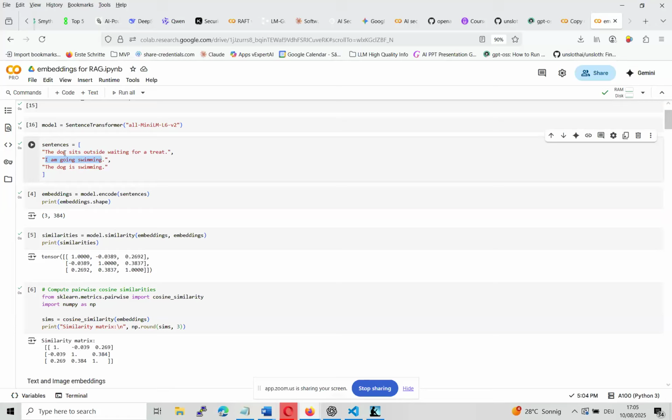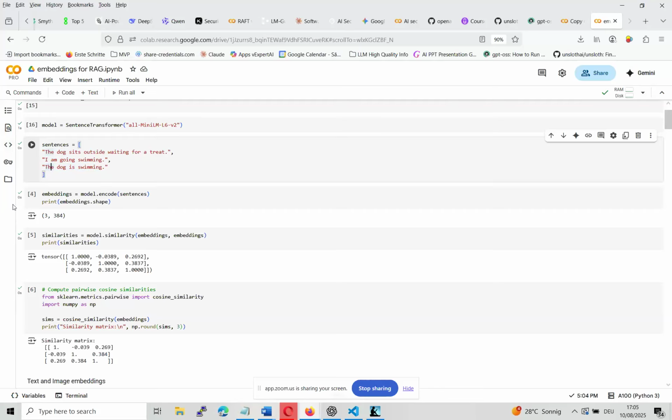And the first sentence has a similarity of 0.2 with the third sentence, the dog is swimming. It's positively related, it's about the dog.